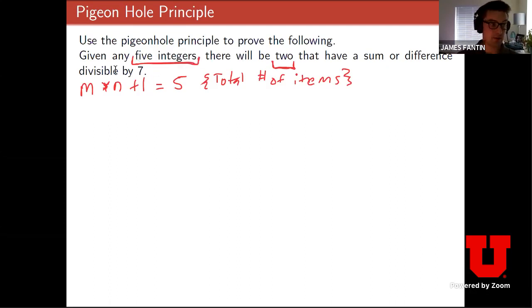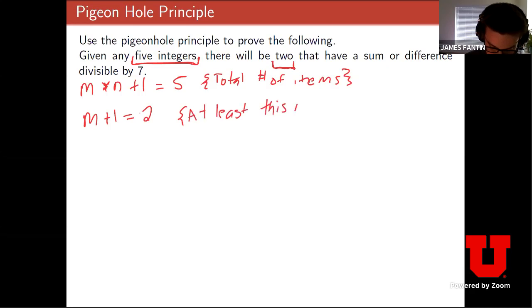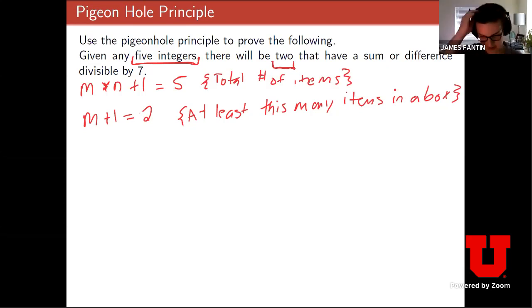So this is the number of items we're going to be guaranteed to have in one box by the pigeonhole principle. And as somebody said in chat, the formula for that is m plus 1 is equal to 2. And this is the number that we have at least, this many items in a box.